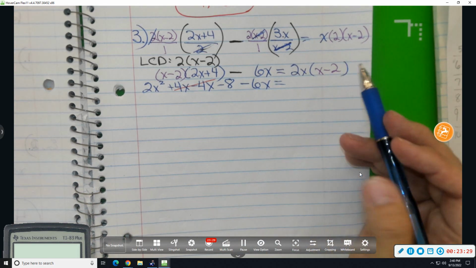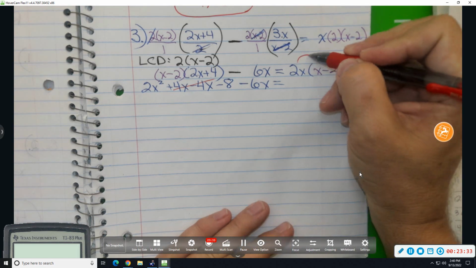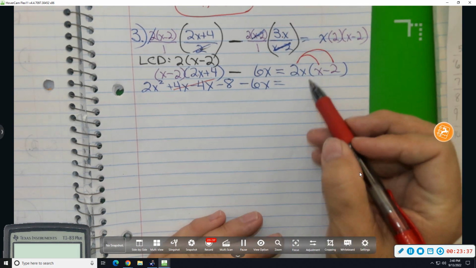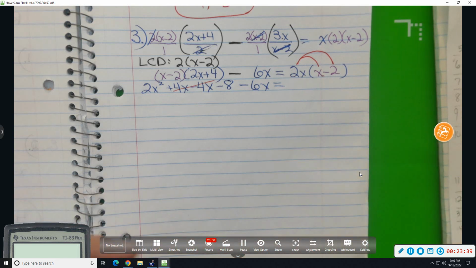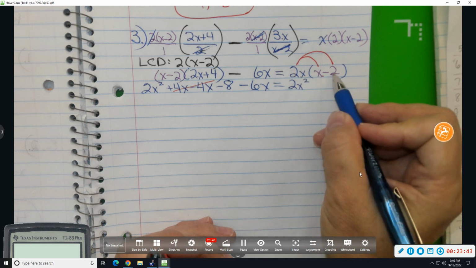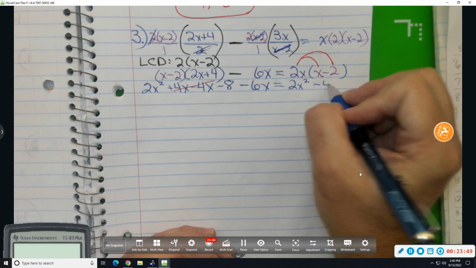Multiply 2x squared minus 4x. So you're distributing the 2x times the x, 2x times the negative 2. 2x times x gives us a 2x squared. And 2x times a negative 2 gives us a negative 4x.